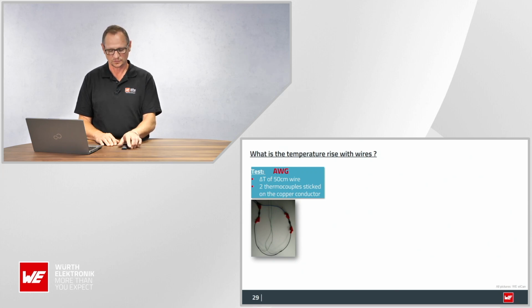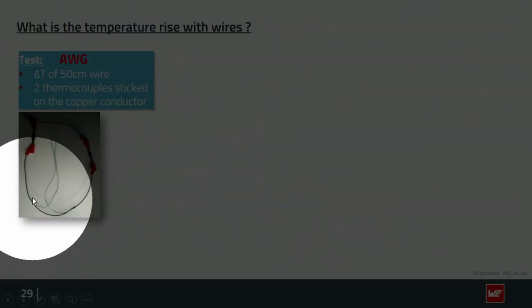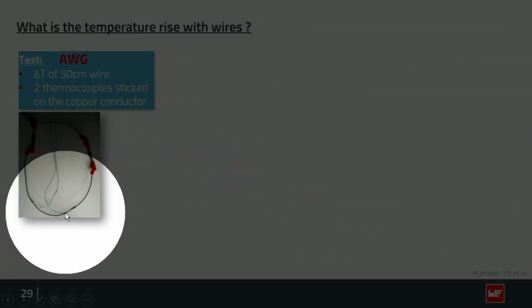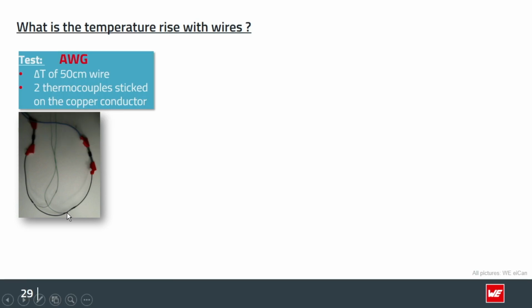Then we placed 2 thermocouples right here. You see where the wires go directly to the cable. So the insulation was removed, and the thermocouples were directly connected to the cable to get exact results. What is the heat coming up here?